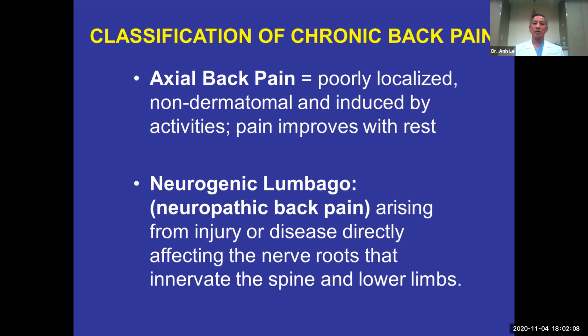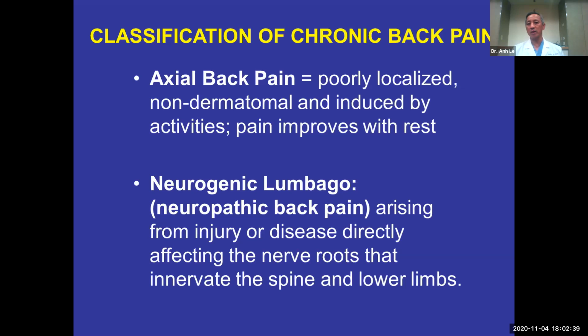We as a medical community tend to unsophisticatedly lump all the maladies involving the lumbar spine into the nuisance low back pain, also known as chronic low back pain. However, there are two very distinctively different entities causing low back pain. The first entity is known as axial back pain, also known as mechanical back pain.